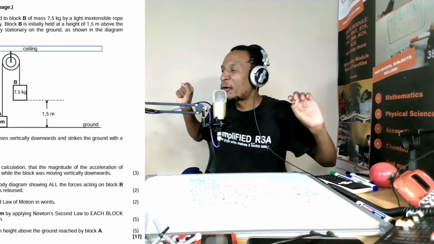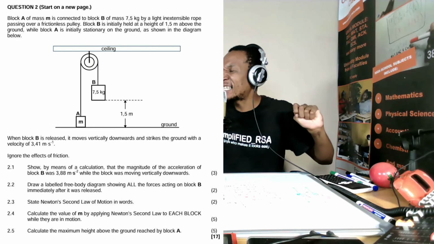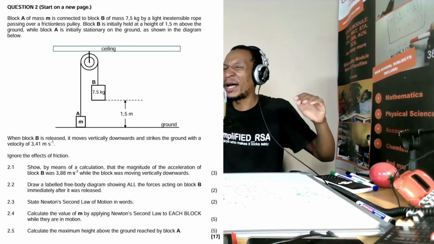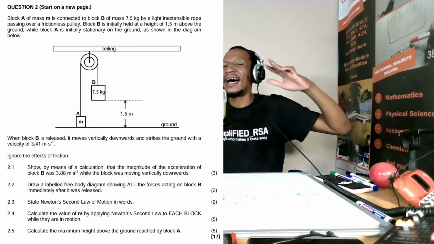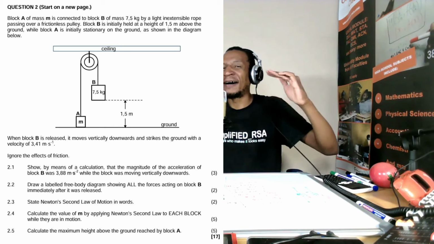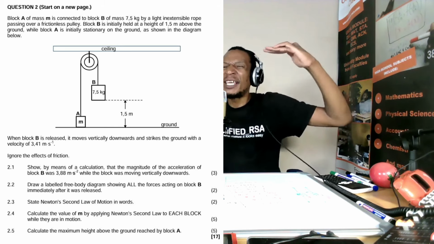Now, I want you to participate. I want you to try 2.5. In 2.5, we are required to calculate the maximum height above the ground that was reached by block A, which was being pulled up. The maximum height. At some point, let me give you a hint.